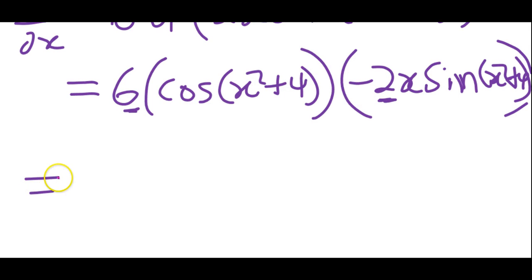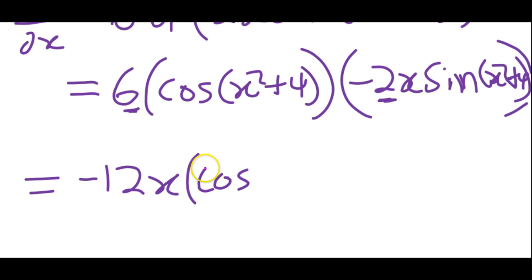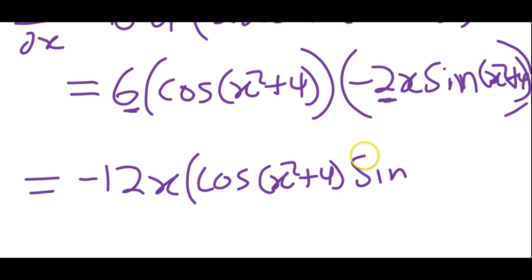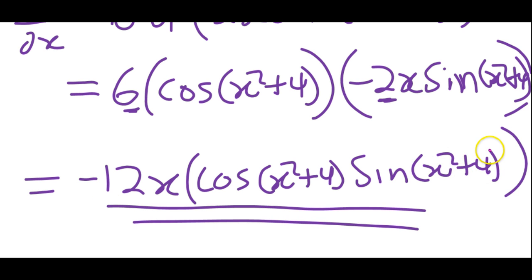So that I have dy/ds is going to be 2 times 6, which gives negative 12x, then into bracket cos of s squared plus 4, then sine of s squared plus 4. So this will be the final result for the differentiation of that trig function given.